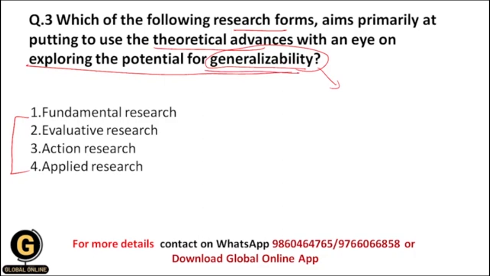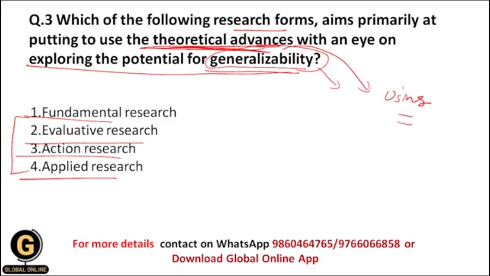So what is that research? Whether it is fundamental research, evaluative research, action research, or applied research. Here we are using the theoretical advances, and the meaning of this is that we are using different laws or principles. In other words, we are applying different laws and principles to our problems, and by using such laws and principles we are going to solve the problems, and we will get the solution.